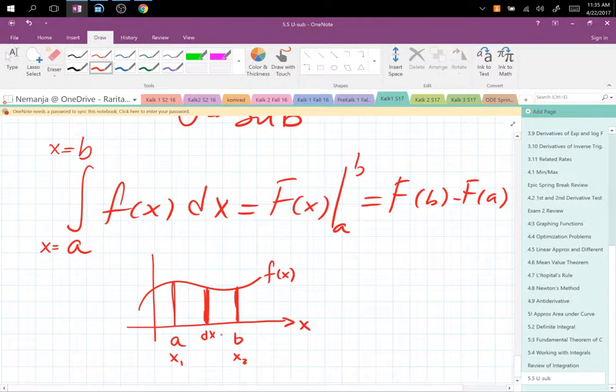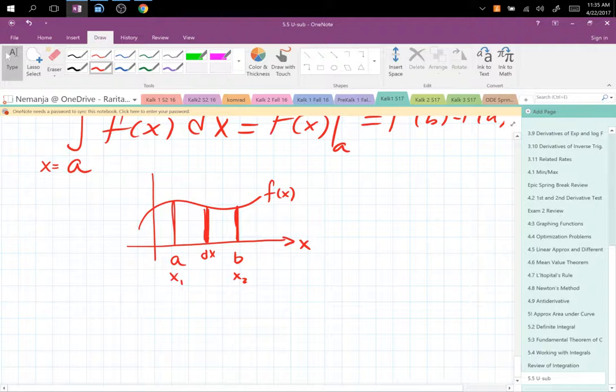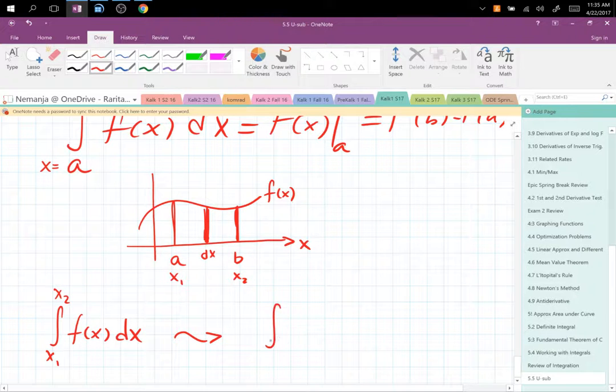So guys, when you are transforming the integral using u sub, and it's a definite integral, you have to transform the limits of integration as well. Because if you have an integral that goes from x1 to x2 of f of x dx, and you change that into g of u du, you better have u1 and u2.